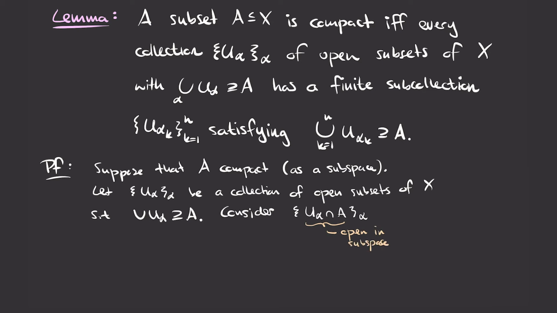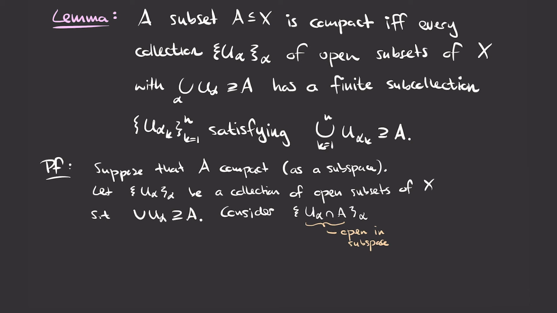Basically, by definition, the open sets in the subspace topology are intersections of open sets of the larger space with the subset you're considering. And now the second thing we need to show in order to show that this is an open cover is that it covers A.